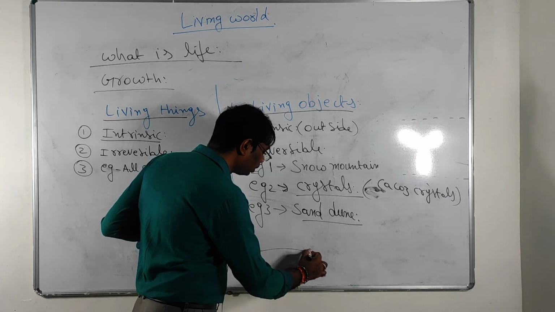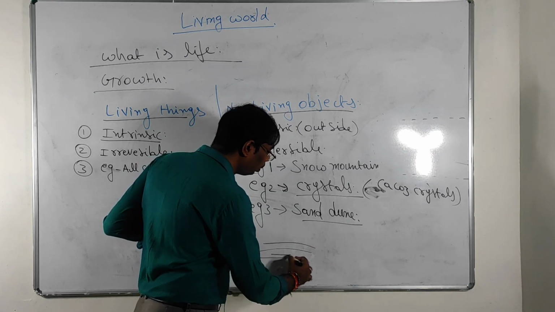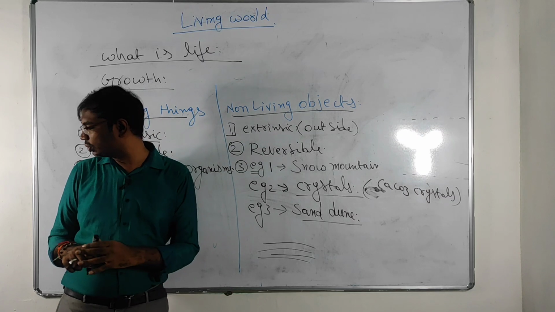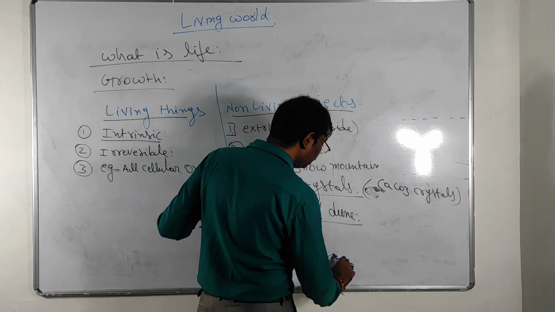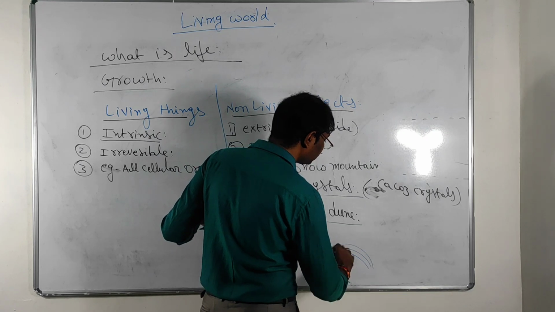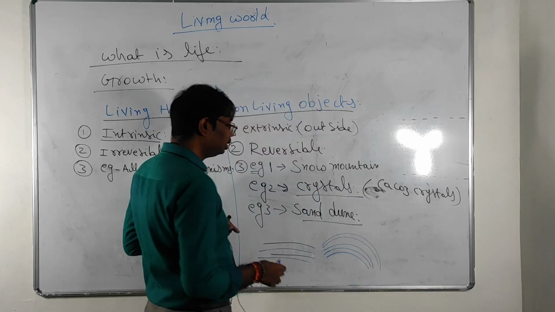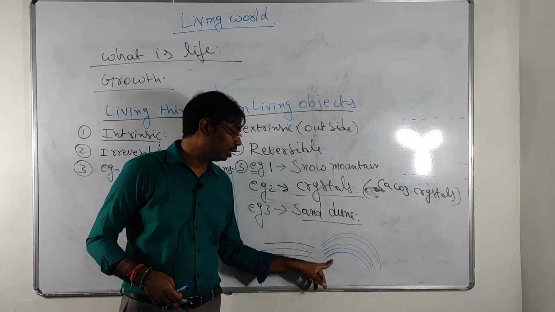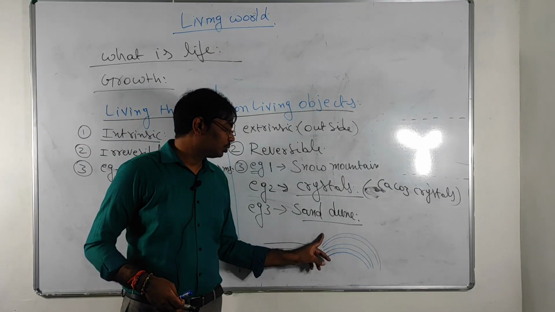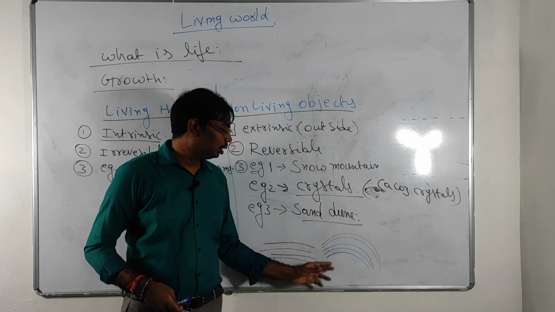Suppose this is the river. During the river flow, the soil is also carried along with the river. The soil may accumulate in some areas and become sand dunes. Sand dunes are created because of accumulation of materials on their surface.